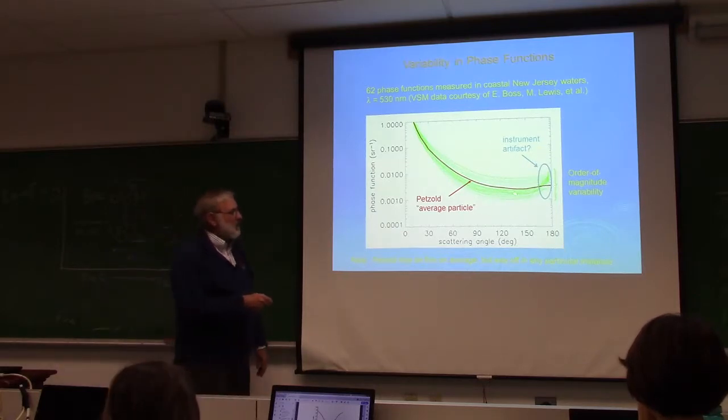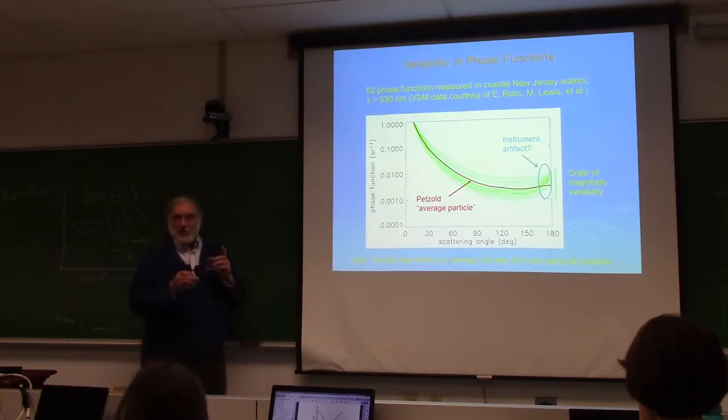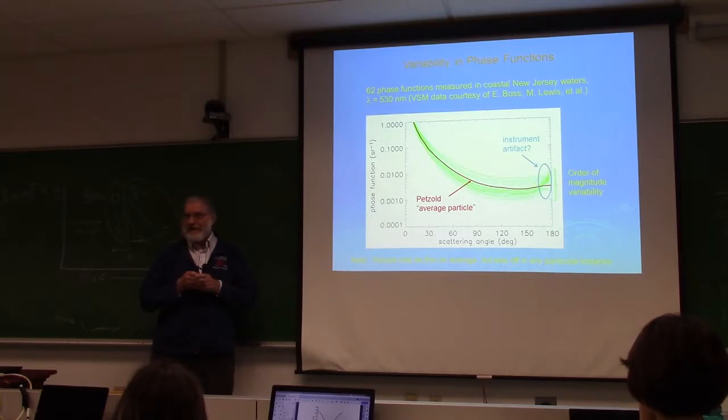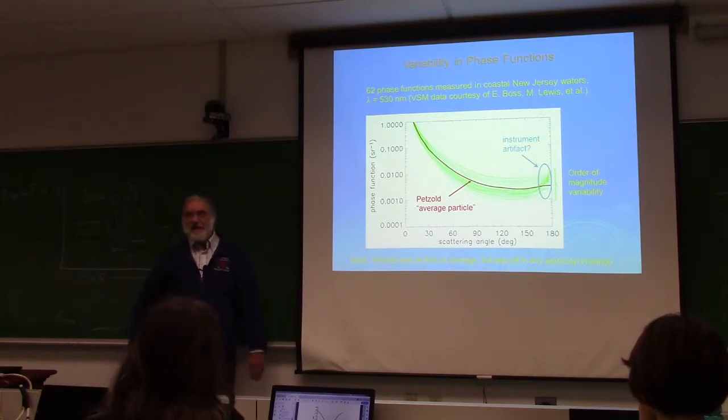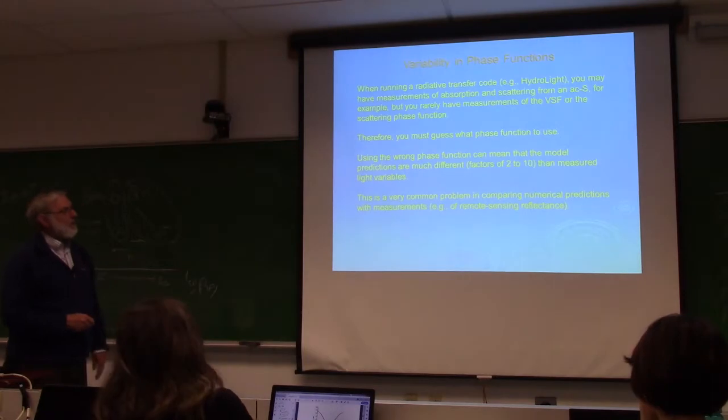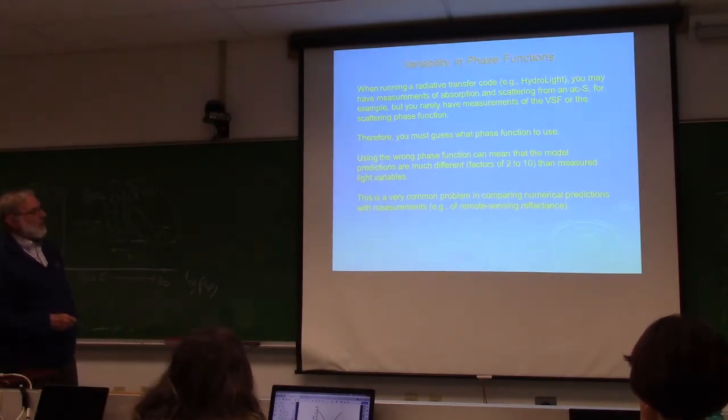But right now it's not so good. Just keep in mind that even on the shape of the phase function, there's order of magnitude variability even in coastal New Jersey waters. Now, if we go to the Yellow Sea and the Southern Ocean and the Mediterranean, who knows? Even more variability.